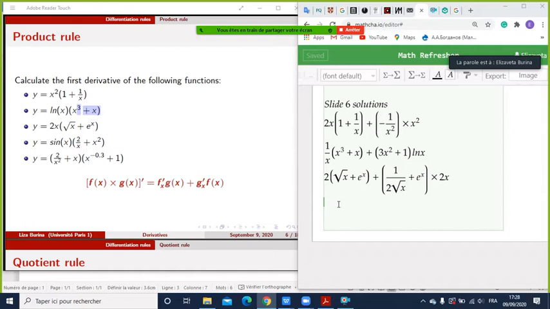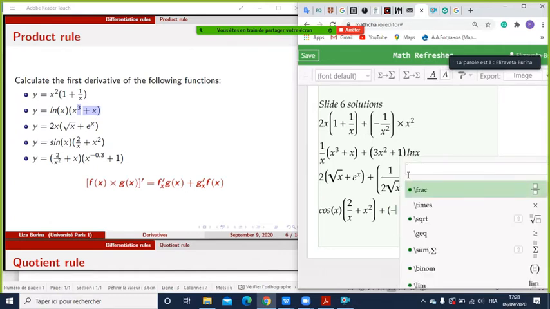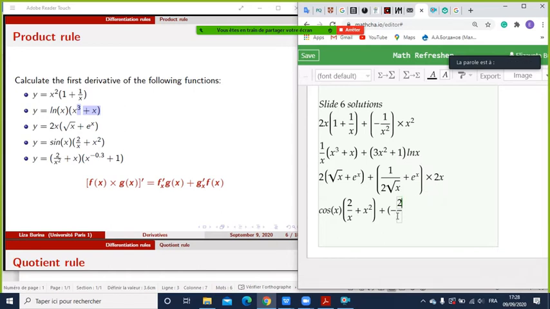Then now we move to the sine, so we have this stuff. Times the fraction again that we're gonna have here, 2 over x plus x squared. Then we're gonna get plus minus 2 over x to the power of 3.